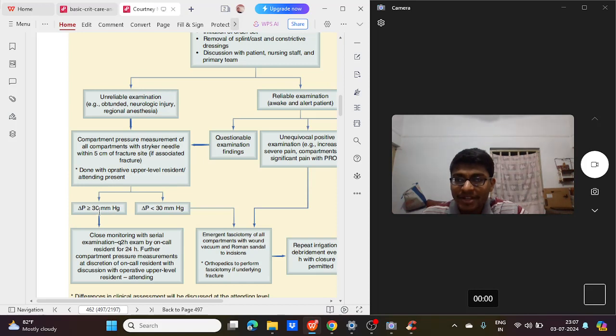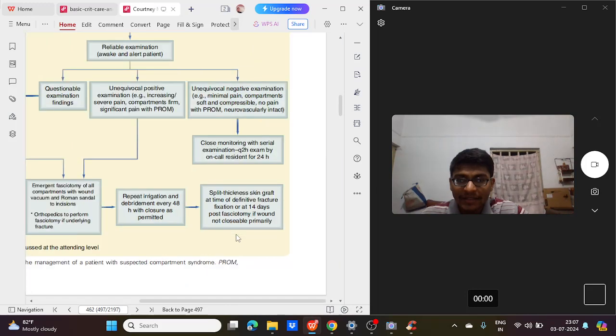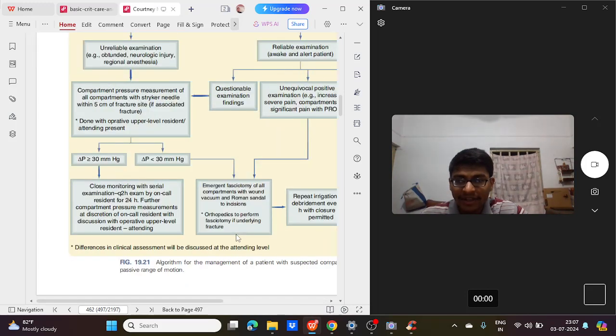If the difference of pressure is more than 30 mm of Hg, then we'll go ahead with further serial monitoring 2 hourly, and if there is any discussion or concern, it can be discussed with seniors. If the pressure is less than 30 millimeters of mercury, then we'll go ahead with fasciotomy and take things ahead from there.